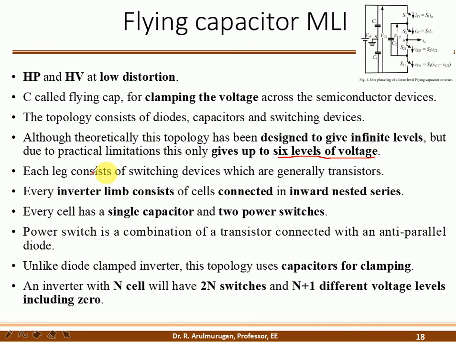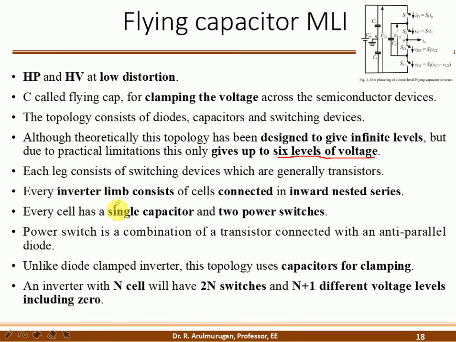Each leg consists of switching devices, generally controlled switches. Each leg uses 4 control switches. The inverter limb or leg consists of cells connected in nested series, for example S1 and S2 connected in series.